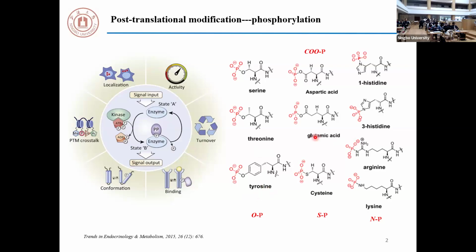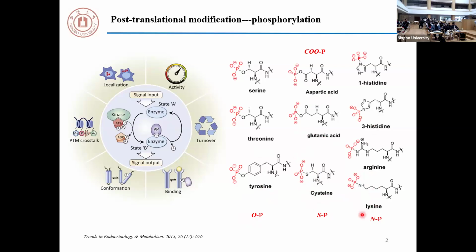Besides the commonly recorded oxygen phosphorylation, over the past years phosphorylation has also been found to occur on other non-canonical amino acids such as aspartic acid, glutamic acid, cysteine, lysine, arginine, and histidine.